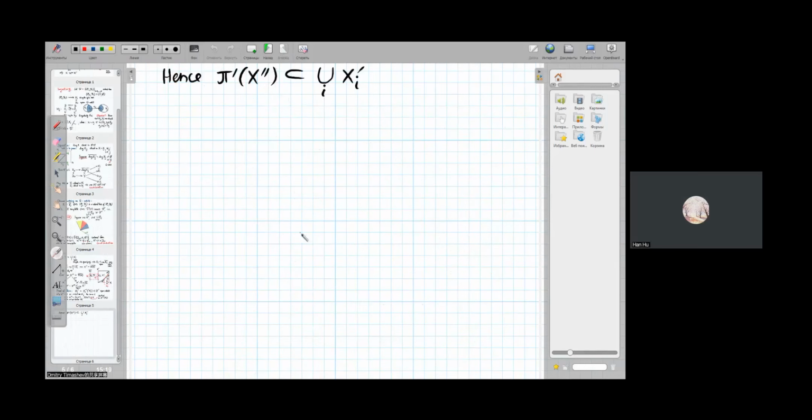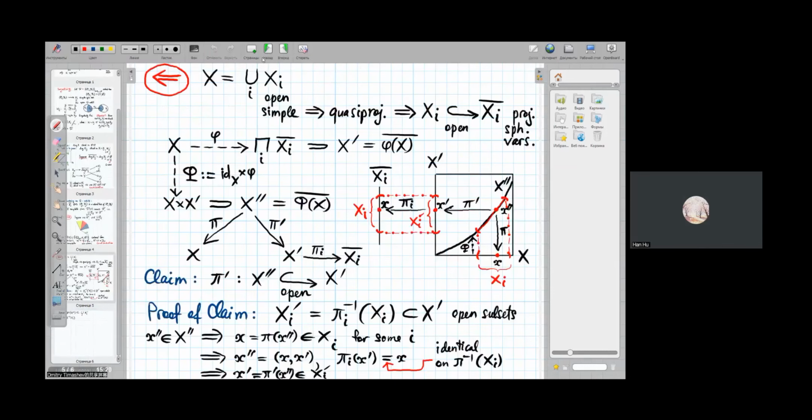Now, I claim more. Moreover, I claim that this map pi maps isomorphically pi inverse of xi, which is an open subset in x double prime, marked in red. And for different i's, these subsets cover the whole xi bar because the xi's cover the whole x.